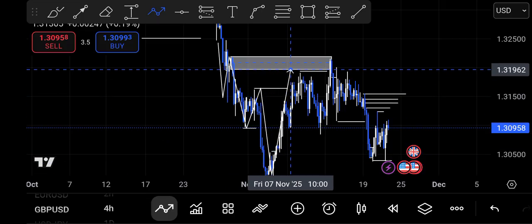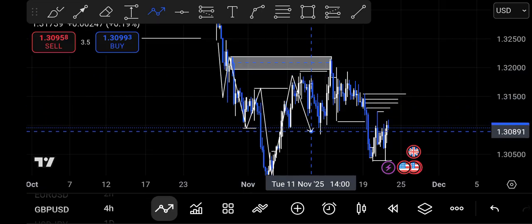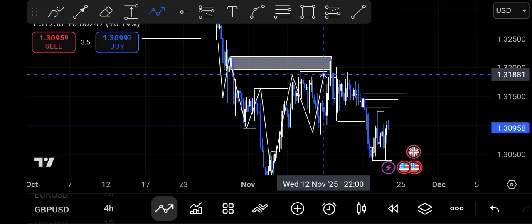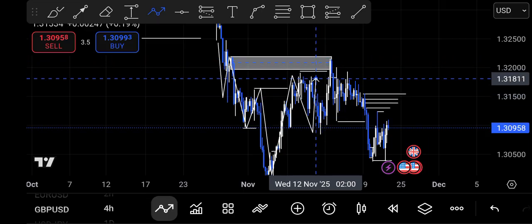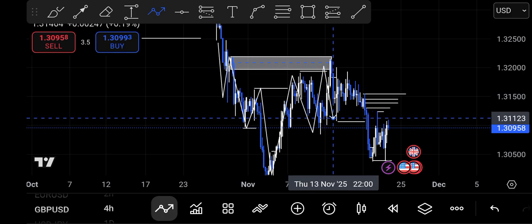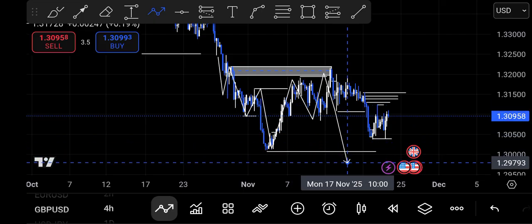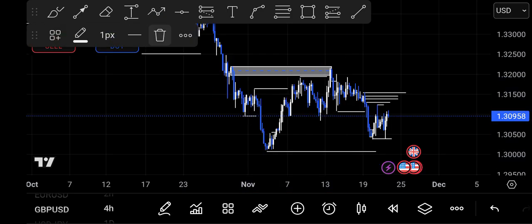Price cleared inducement, create mini pullback again, but didn't touch the POI. Then in the future price mitigates it again, clears the liquidity above here, then breaks structure to the downside. Then in the future price could break this low potentially. So let's delete all this.